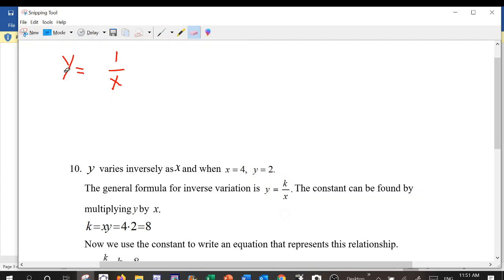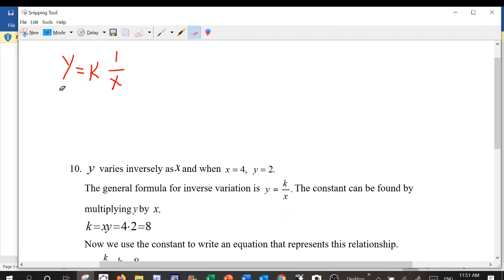That's inverse relationship. So y varies inversely as x means this, but there is a constant here. And that constant you can put it in the numerator or you can put it here, it doesn't matter.